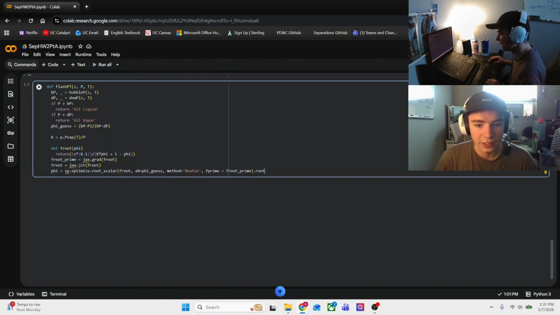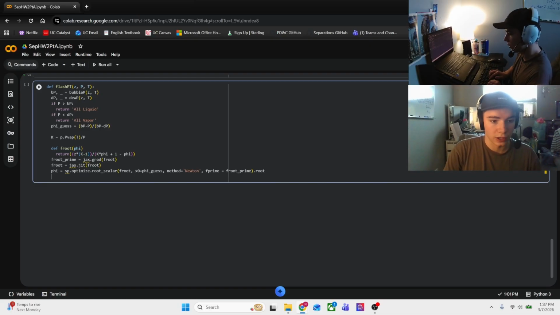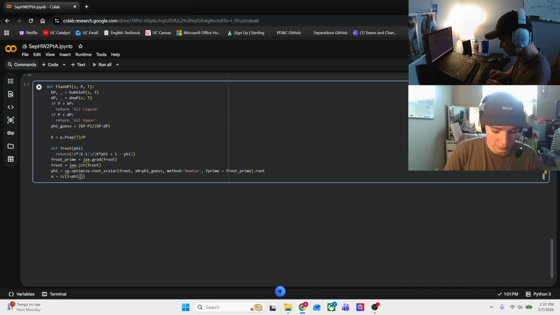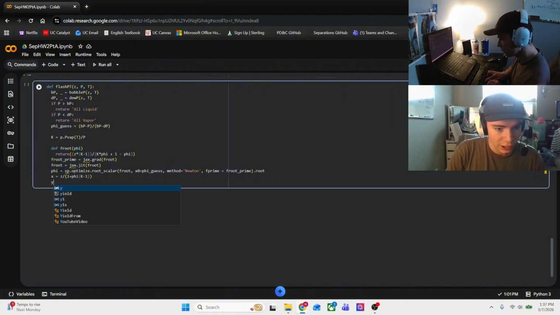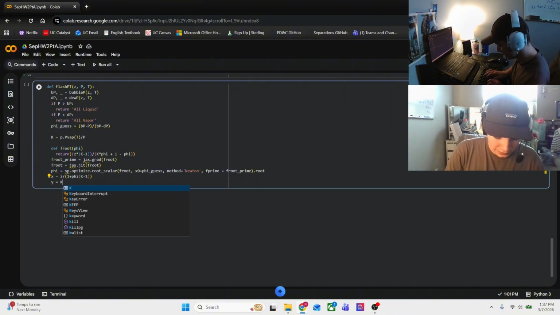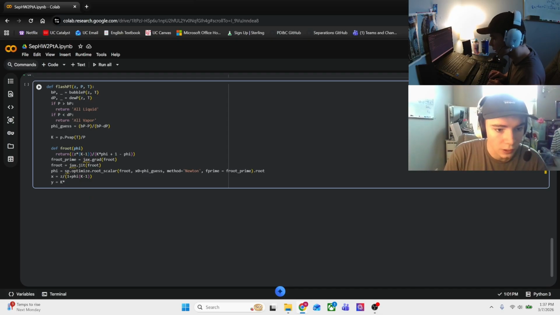All right, so now that we have our root, we need to spit out our x and y as well. So we know that our x is going to equal z over 1 plus phi times k minus 1, from our equation up there on the board. Then we know our y is just going to be k times x.